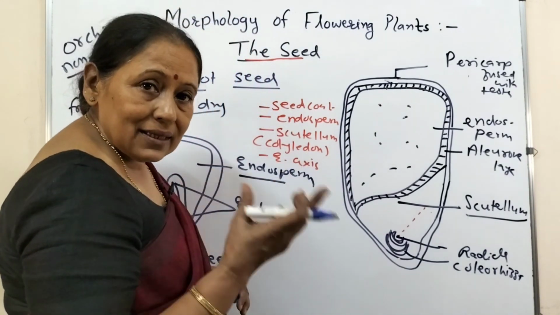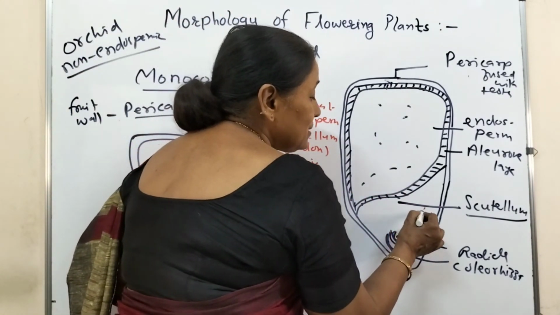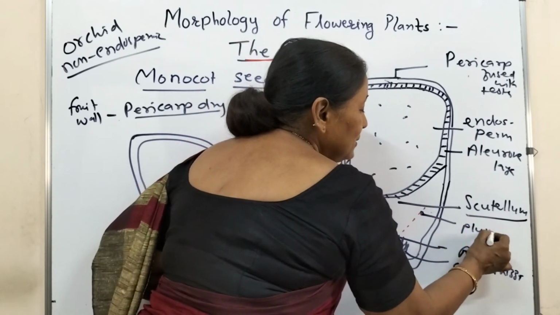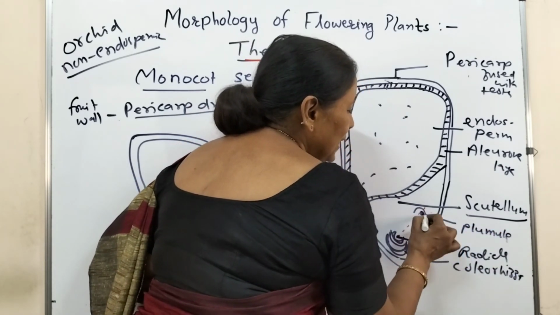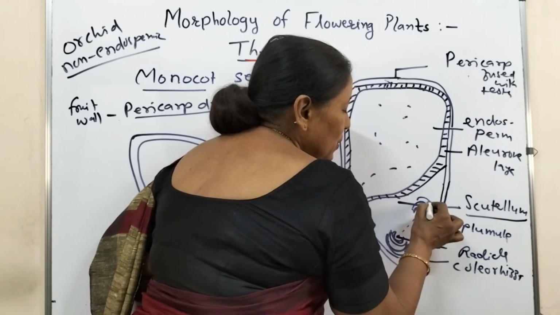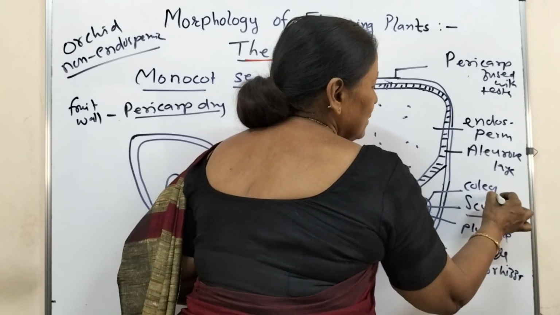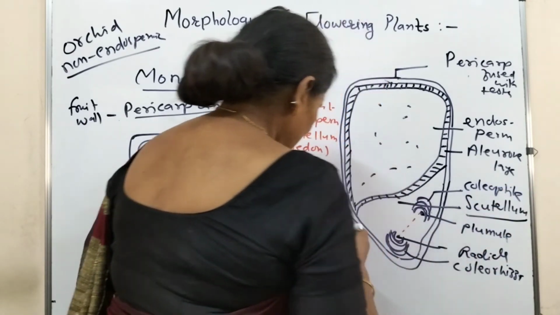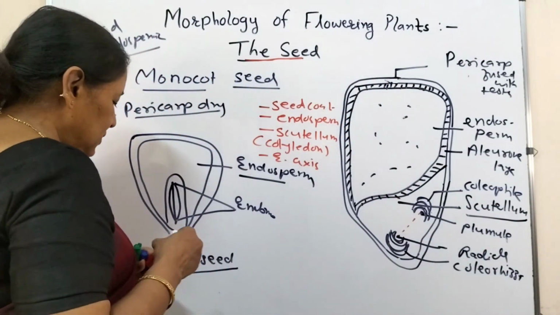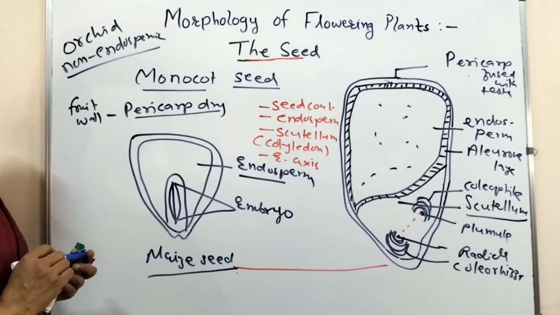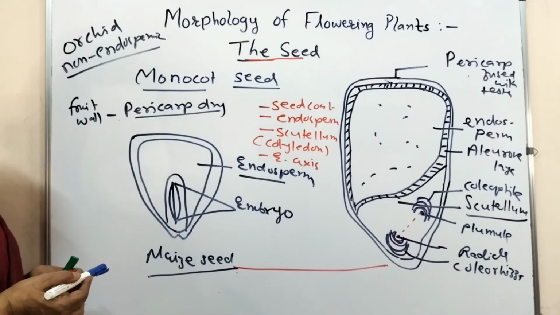And on the other side of this embryonal axis, this is the plumule, and the plumule is surrounded by this coleoptile. This is coleoptile. And this is the structure of maize seed. This is the complete maize seed. You can take the screenshot.